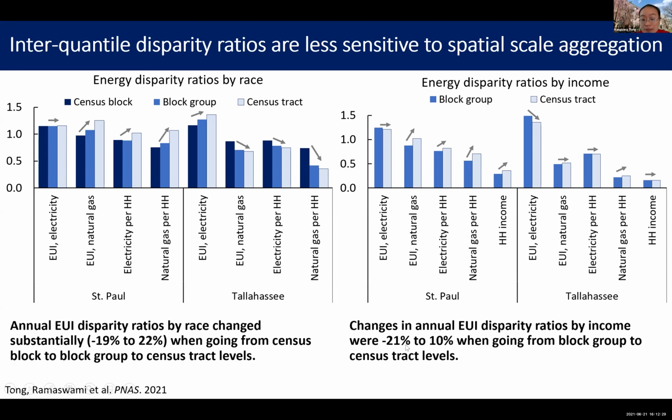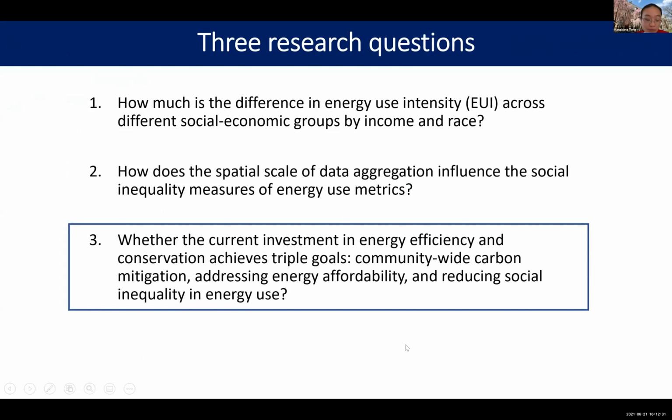So I have 2 minutes, so I have to move really fast. I have 1 minute to get to the last question: whether the investment in energy efficiency and conservation addresses community-wide mitigation, affordability, and social inequality by focusing on low-income racial minorities.